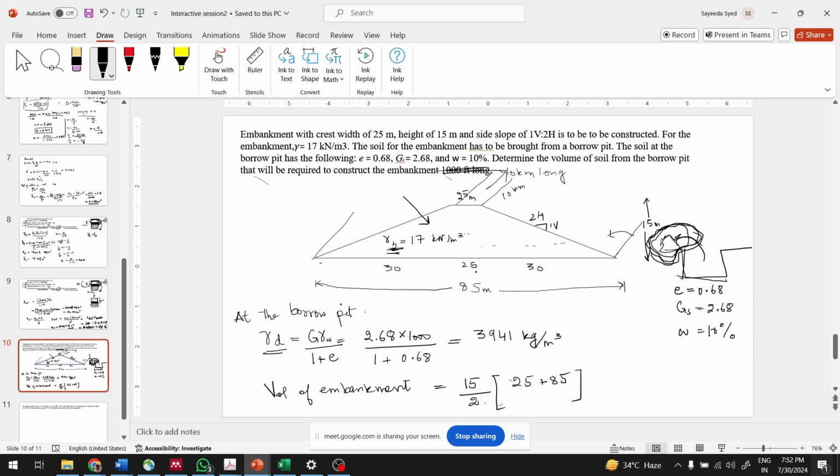This will be the area multiplied by your length, which is 10 kilometers.